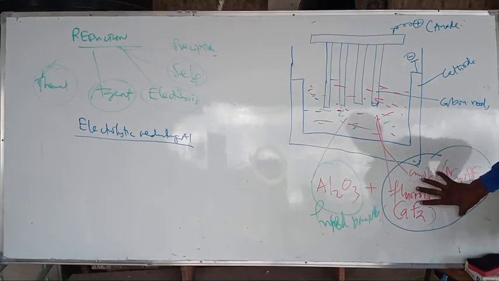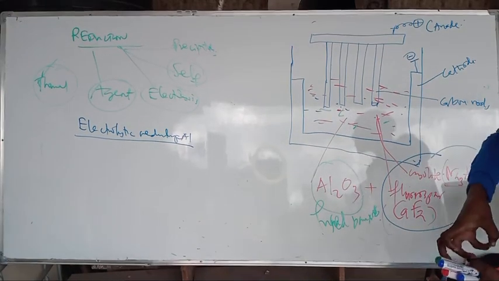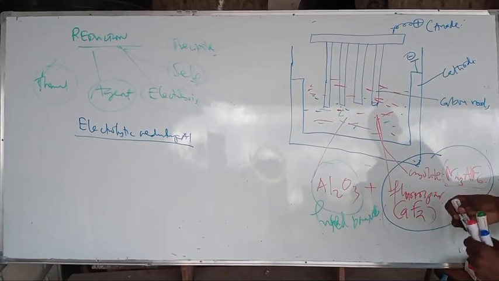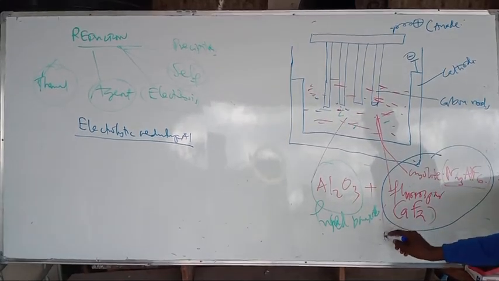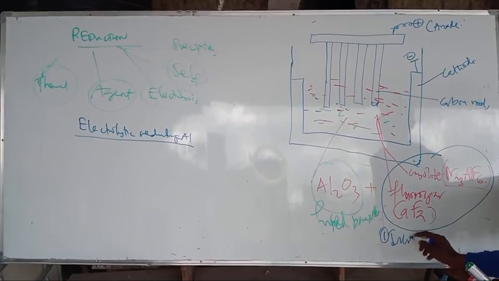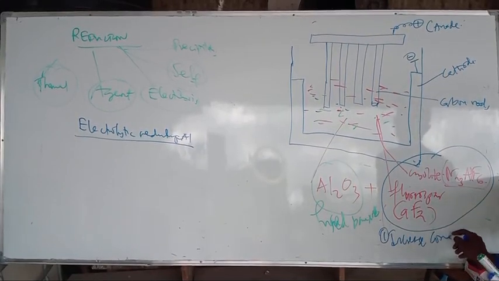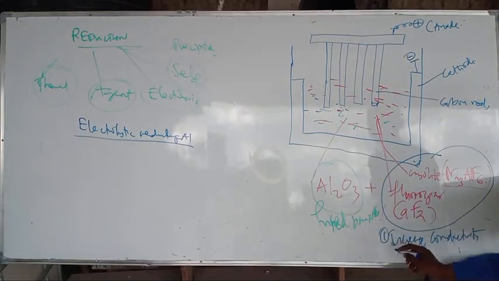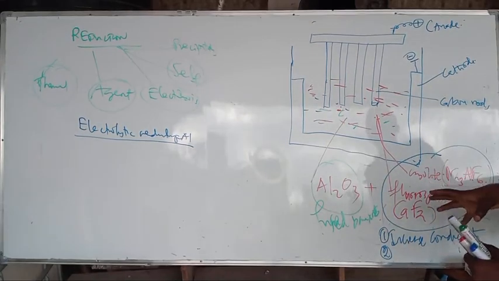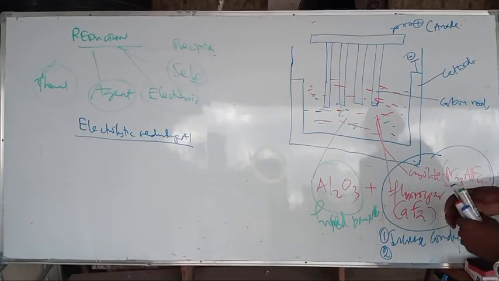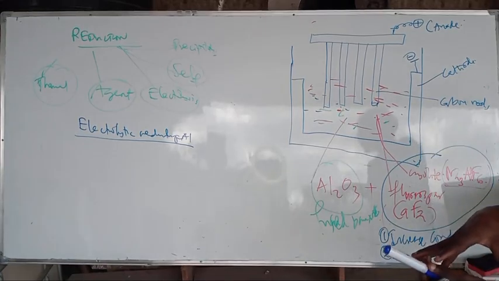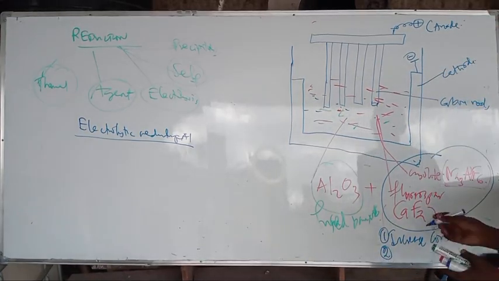So cryolite and fluorspar tend to raise its conductivity. So the function here is to increase the conductivity of aluminium, and the second is to reduce the melting point, because it has a high melting point.